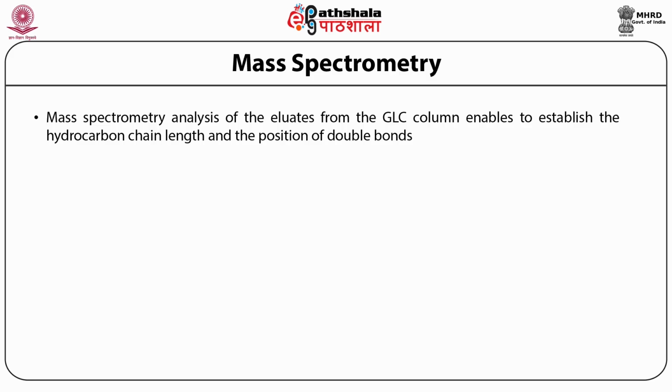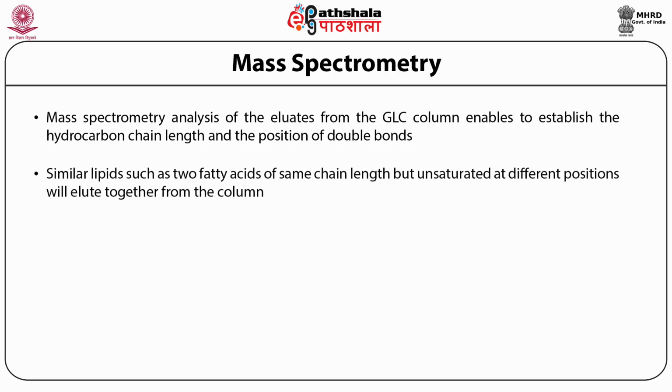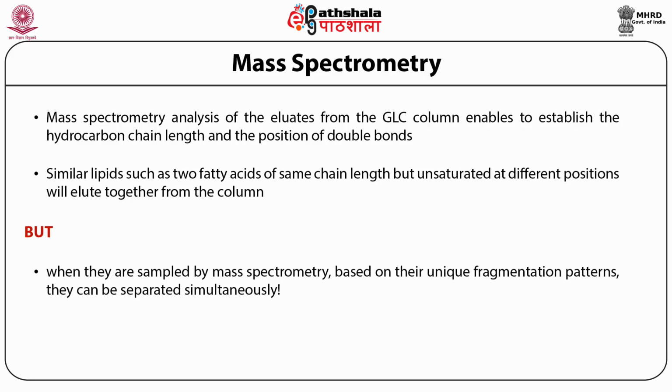Using mass spectrometry analysis, similar lipids such as two fatty acids that have the same chain length but are unsaturated at different positions will elute together from the column, but when they are sampled by mass spectrometry, based on their unique fragmentation patterns, they can be separated or identified simultaneously.